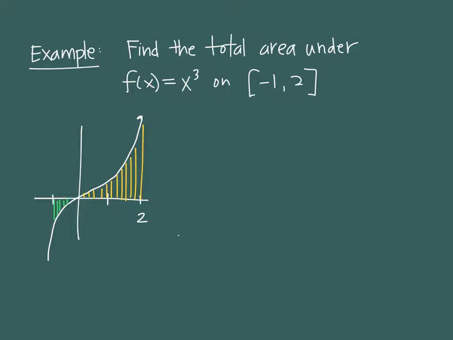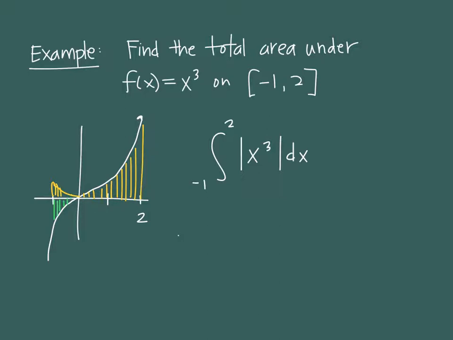What I need to do is take that negative area and make it positive here, because I want the total and not the net. So we're going to set up and always get points. You will always get points for simply setting it up in an absolute value. Okay, we want to find the total, which is defined as the absolute value from -1 to 2.